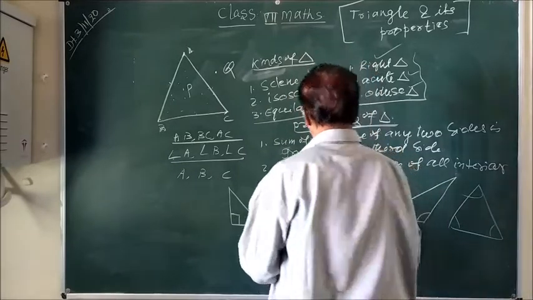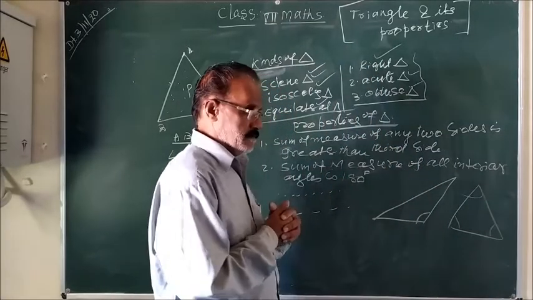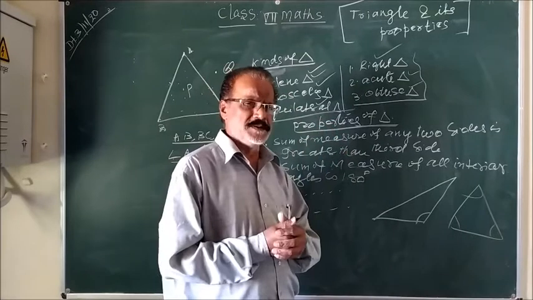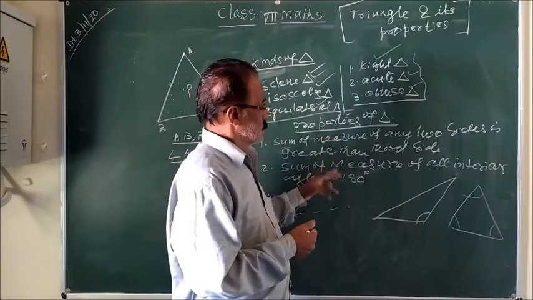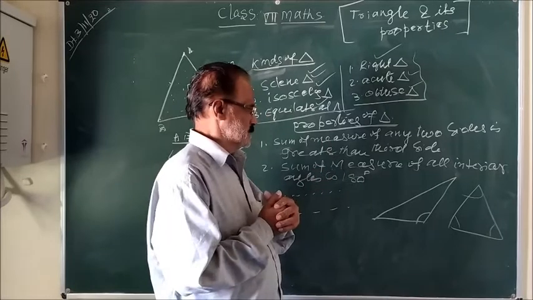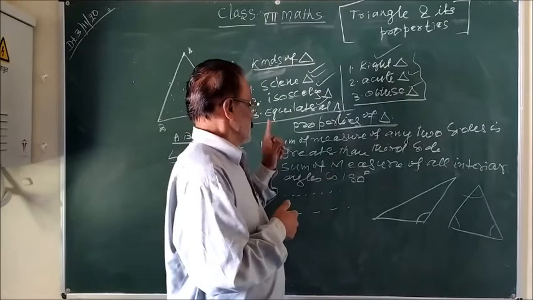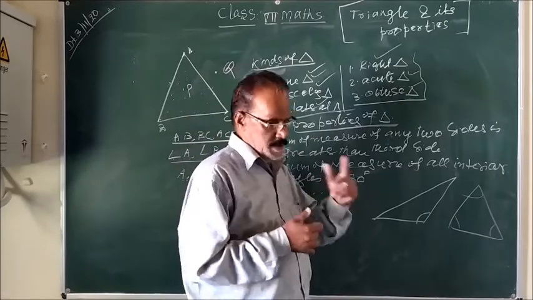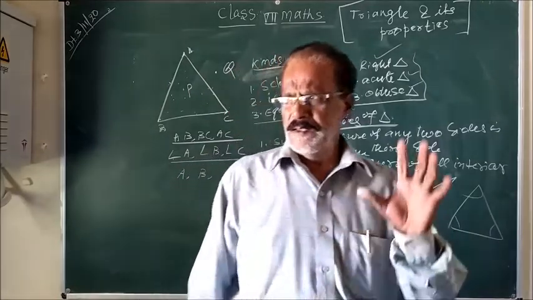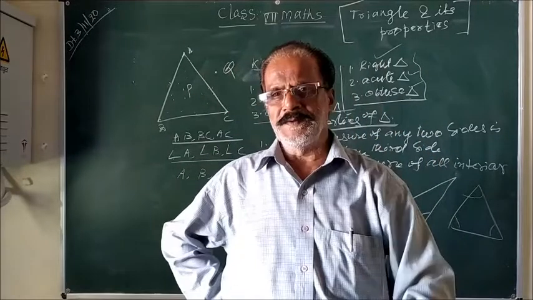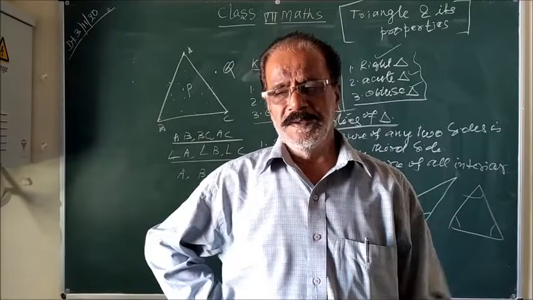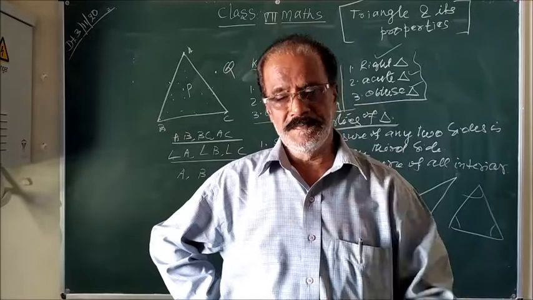Now you see what the properties of a triangle are. A triangle has many properties, but these 2 are important. The sum of the measure of any 2 sides of a triangle is greater than the third side.